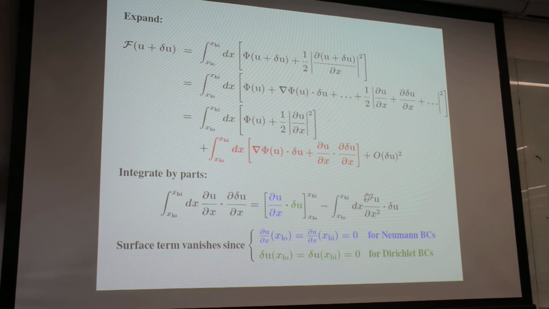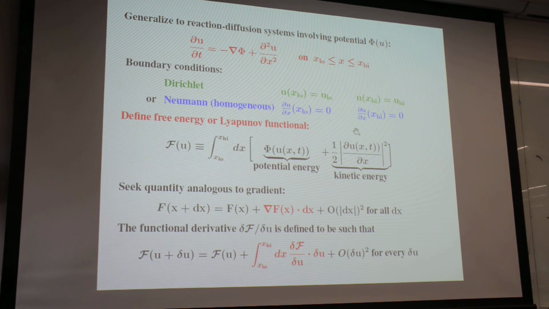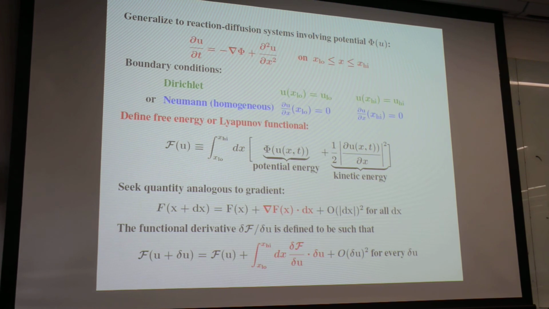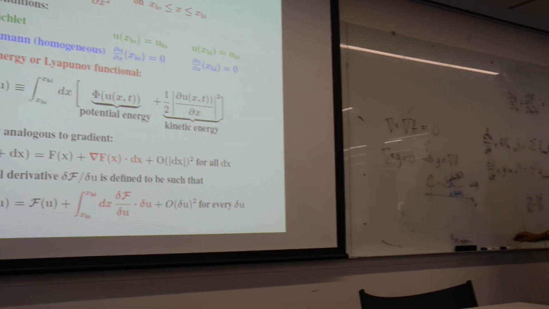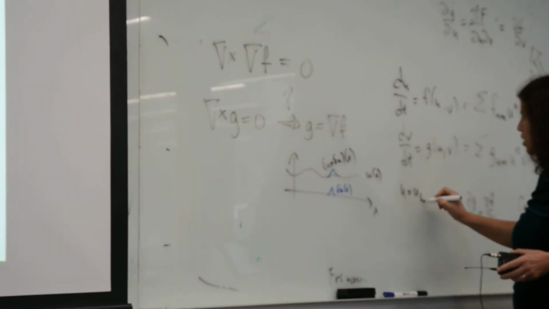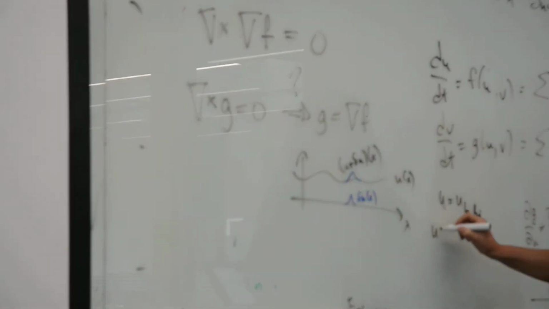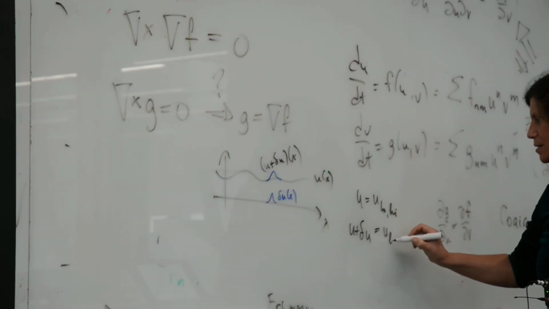So recall the boundary conditions that we chose. The boundary conditions we chose were either inhomogeneous Dirichlet or homogeneous Neumann. And the reason for that was to control this perturbation delta u that was allowed. If u satisfies those boundary conditions, then delta u had better satisfy homogeneous Dirichlet boundary conditions, because if u is equal to u low and u high at those places, the perturbation has to be such as also to satisfy that.